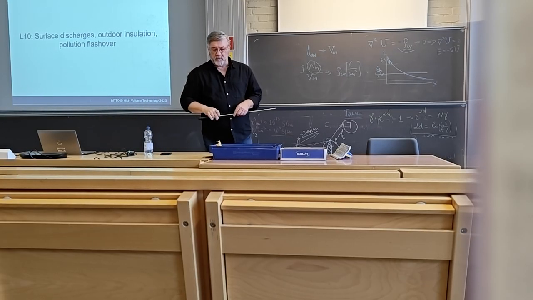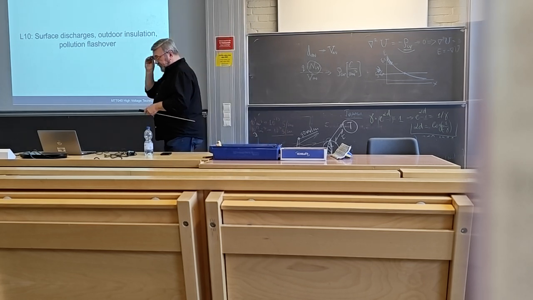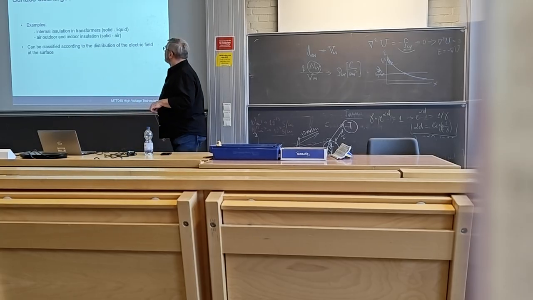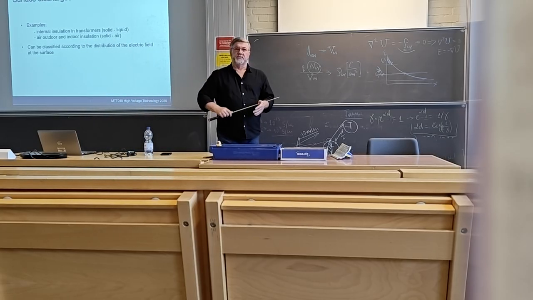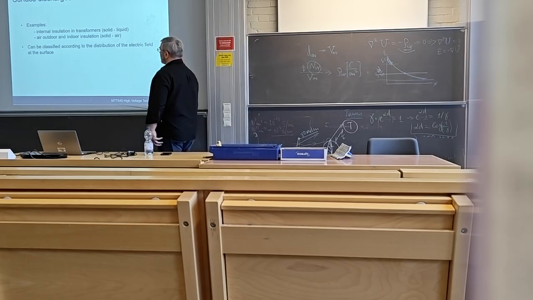It's about more or less the effect of surface contaminations on the breakdown strength. So examples of this come to surface discharges. So interfaces, what I mentioned at the design lecture, interfaces, they are killing things for any insulation, and that's the reason why.